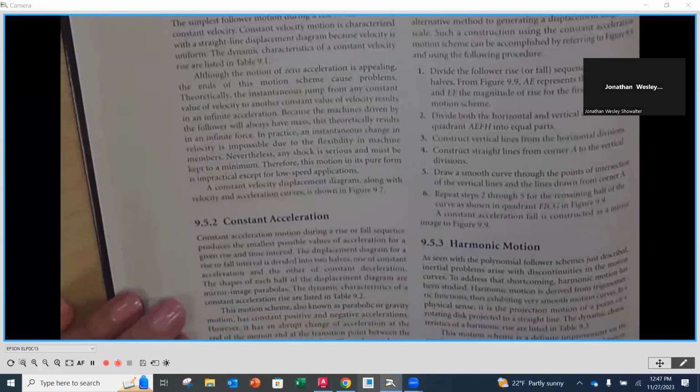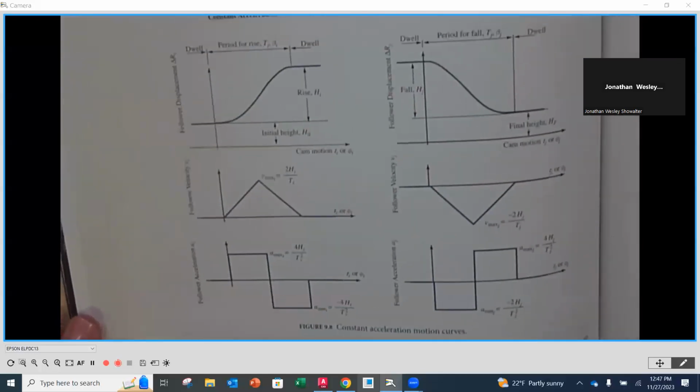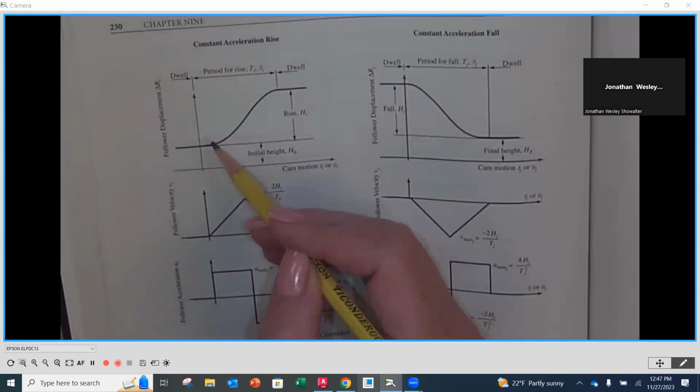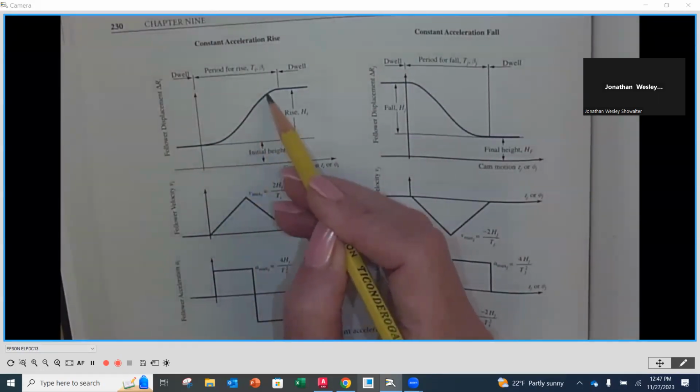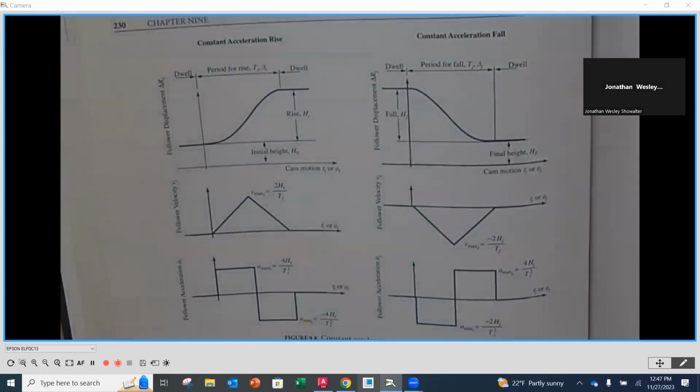The next one that we have is called constant acceleration. Okay, constant acceleration. We're going to turn the page, and those curves look like this. As we look at the distance curves, you're going to notice that now we're getting a rounding in of the corners, as we go in and as we slow down. All right, and already you can imagine those are better for staying in contact with the cam, but also for vibrations or any jerkiness that might occur, okay?